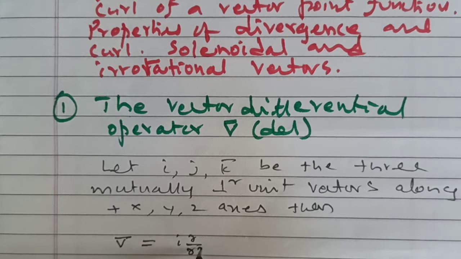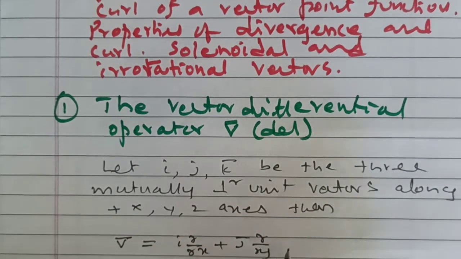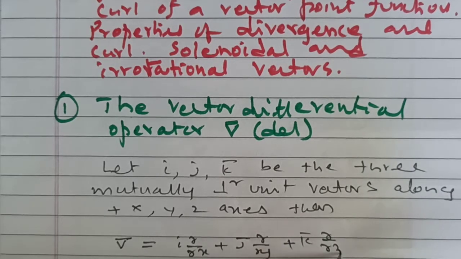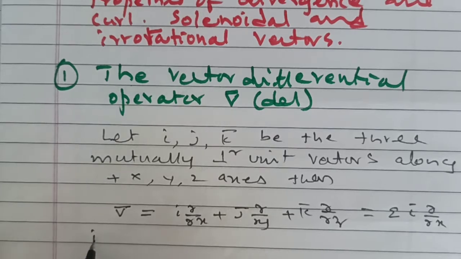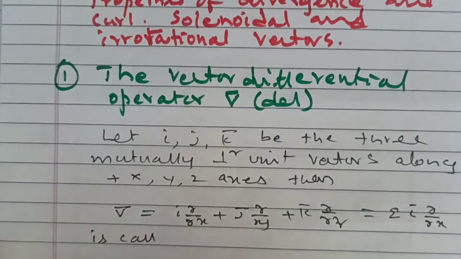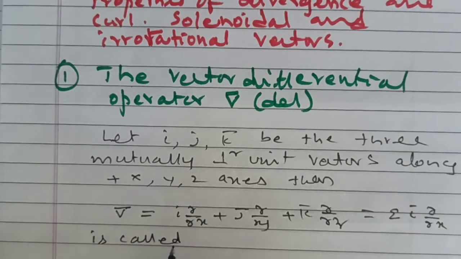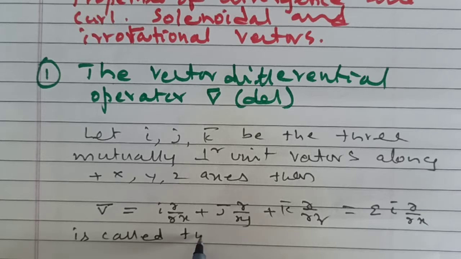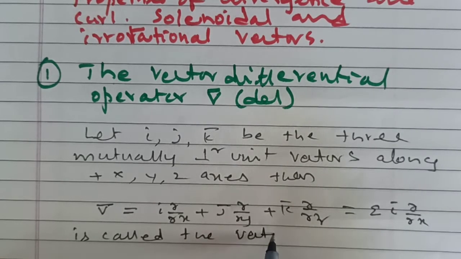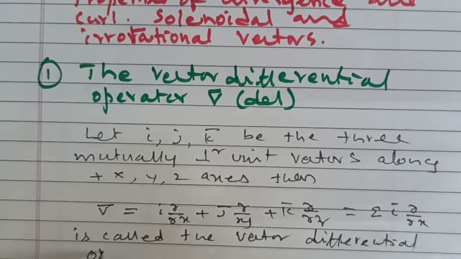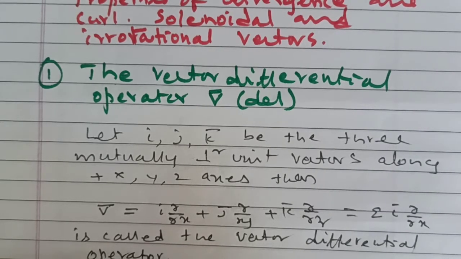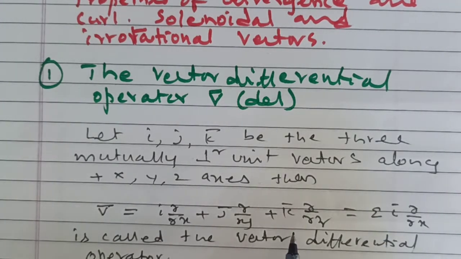i bar dou by dou x plus j bar dou by dou y plus k bar dou by dou z, which is equal to sigma i bar dou by dou x, is called the vector differential operator del.